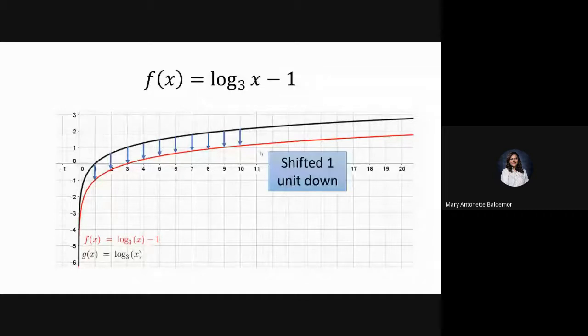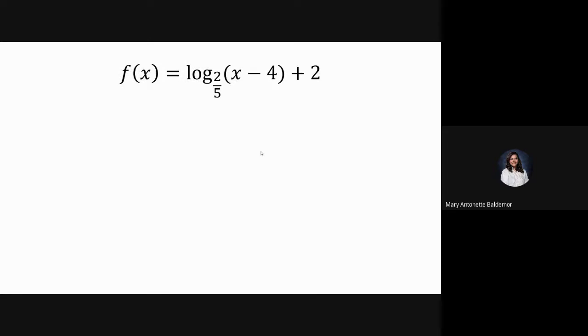It only shifted 1 unit down since we have the constant minus 1, which serves as the d. Again, by definition a while ago, the d describes how many units the graph will move upwards or downwards. For the c value, it will only describe how many units the graph will move to the right or to the left.